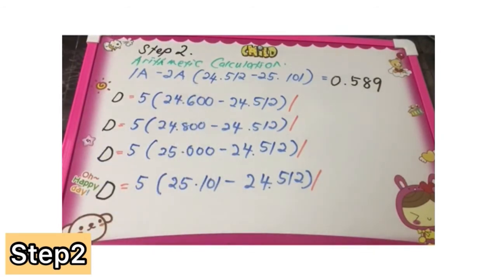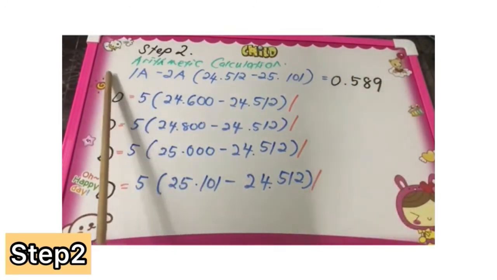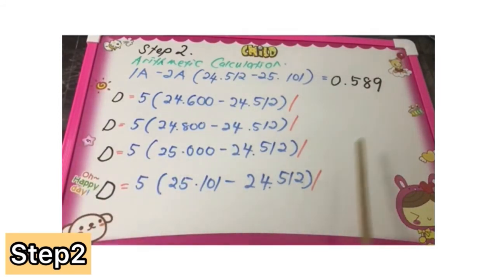Firstly, we need to see the reduced level point, which is height and which is low. We take the height point and subtract with the low point, and the answer that we get is 0.589. And this is the part of example for arithmetic calculations.